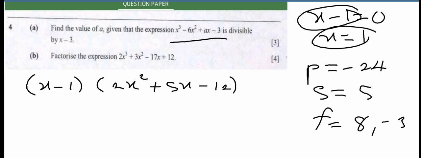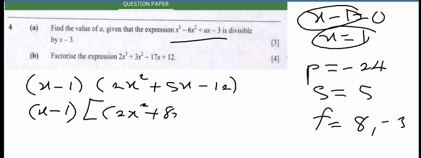So we can say open bracket, we have x minus 1, close. Then the next one, we need to introduce the square bracket. Then say we have 2x to the power 2, then plus 8x minus 3x, then minus 12.